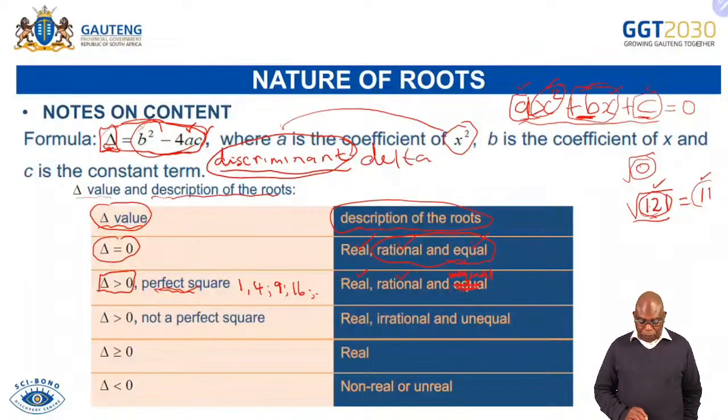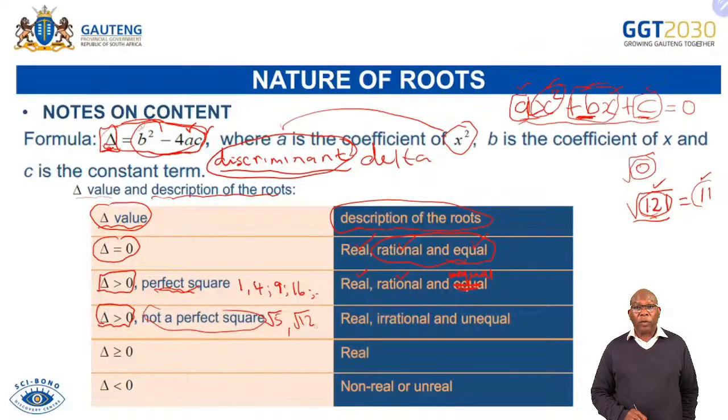Now, what happens when the delta is still greater than 0, but that delta is not a perfect square? For instance, square root of 5, square root of 12, those are not perfect squares. If they're not perfect squares, what type of roots will we have?